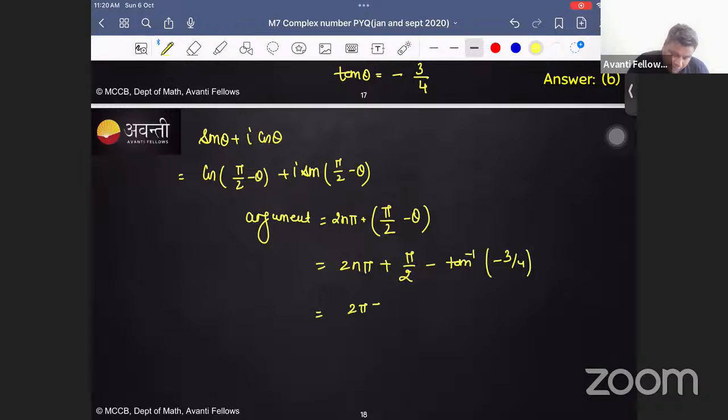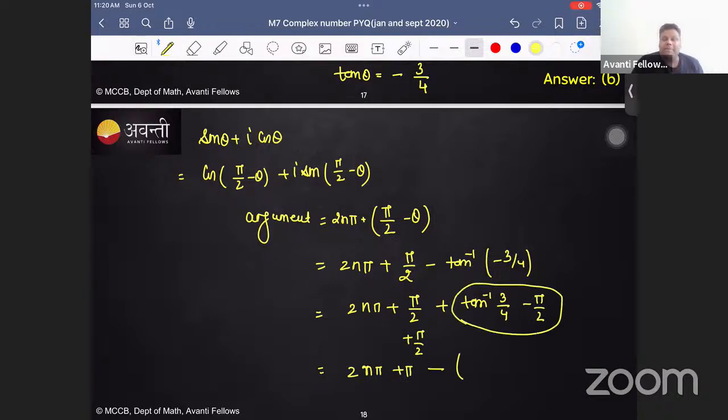So it is 2nπ + π/2 + tan inverse of 3 upon 4. Now I do one thing: I add π and subtract π. So it is 2nπ + π − (π/2 − tan inverse of 3 by 4), which is cot inverse of 3 by 4.